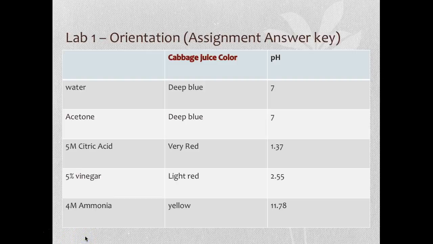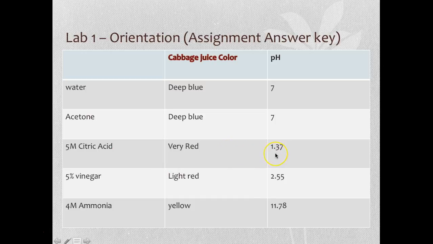So the table should look something like this. The colors for water and acetone are blue, which means essentially they didn't change, and that's what's indicated by the pH meter. They're both 7, or neutral. The acids, citric and vinegar, are different shades of red.